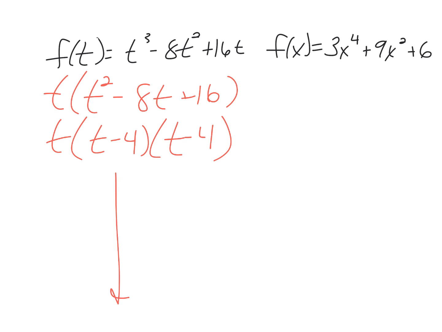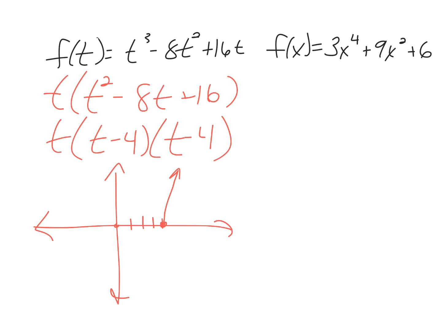So when we graph this, there are a few things we need to keep in mind. Technically we have two zeros, 0 and 4. Using the rules we had previously in this video for end behavior, as t increases it goes to infinity, so it's going to shoot up.